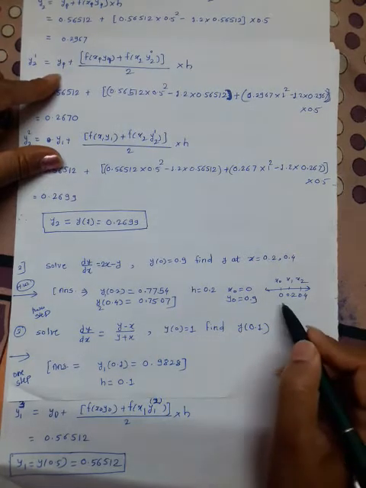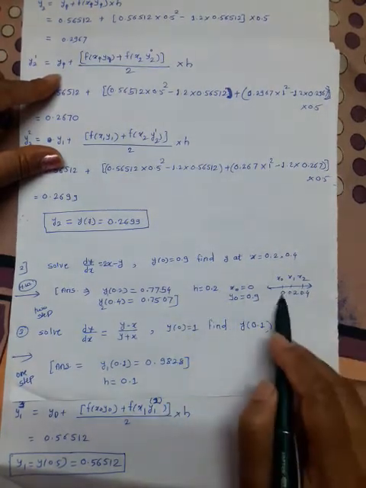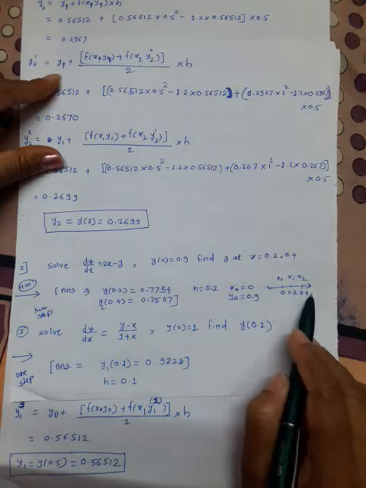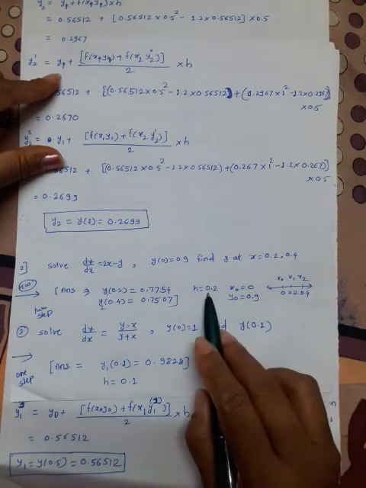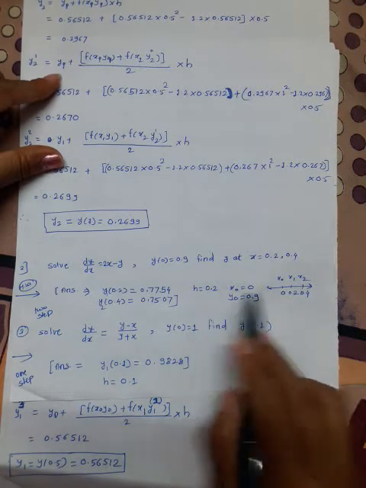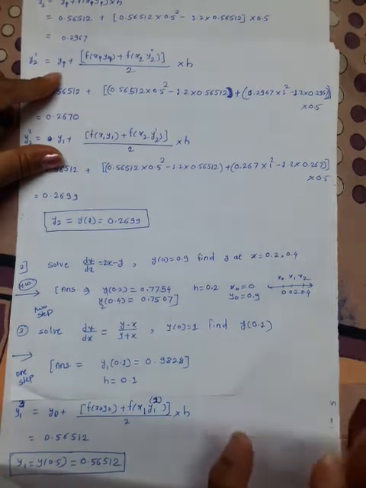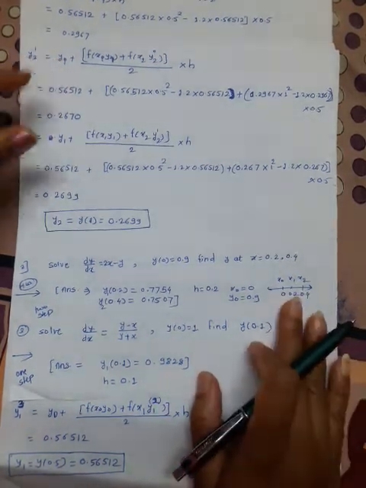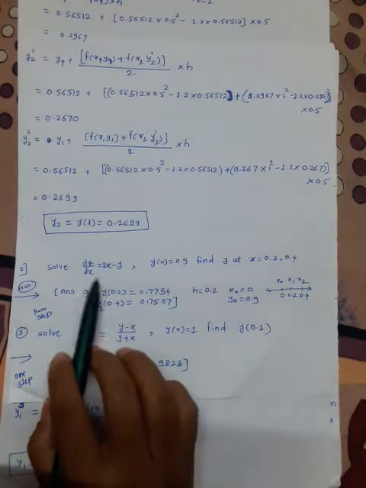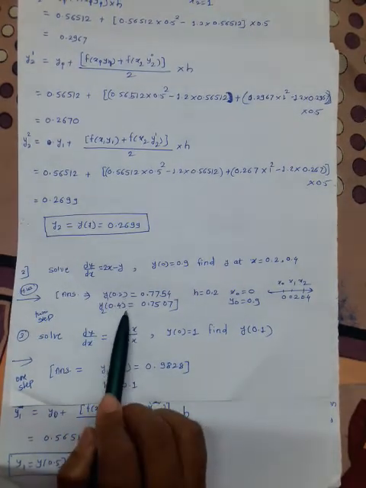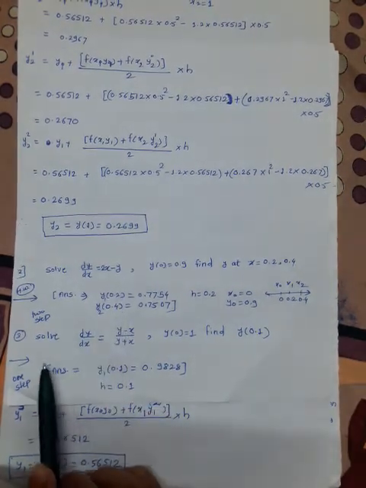That means what is the value of h here? 0.2. The difference between these two is the same, 0.2. That means this is also an example of 2 steps. This is a 2-step example as earlier, and only the function is different.